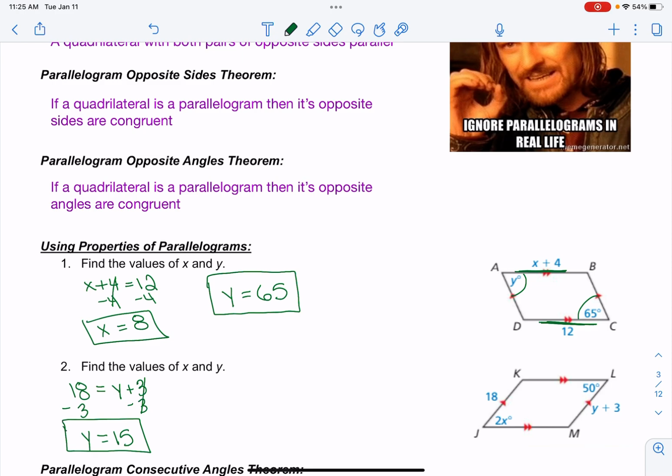And then our opposite angles of 2x and 50 are also congruent. So 2x equals 50. We divide both sides by 2 to get x alone. And we learn that x equals 25.